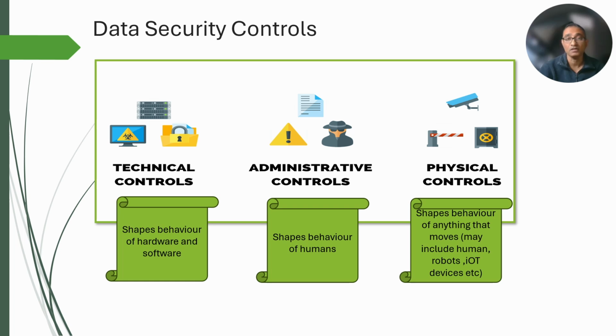Administrative controls are the ones which shape the behavior of humans. So, for instance, you walk into an office, you encounter a security guard standing outside, who may ask for your identification.